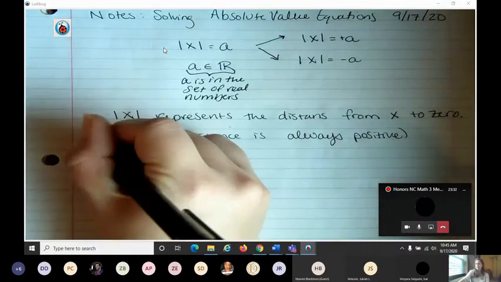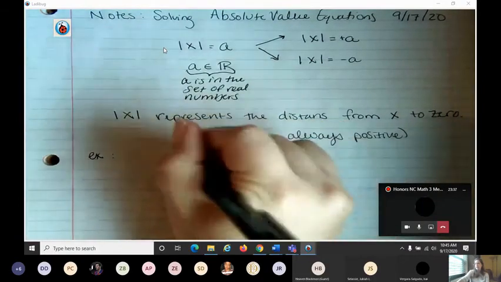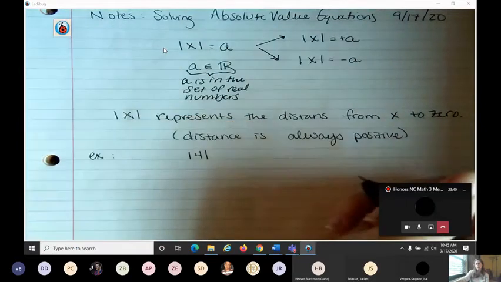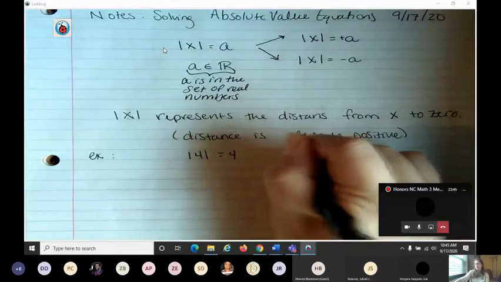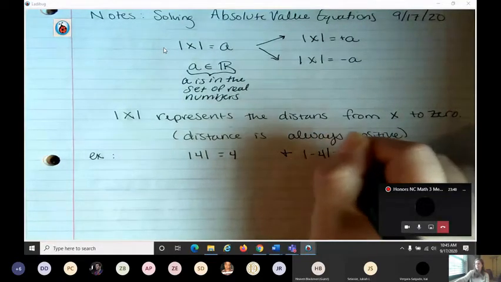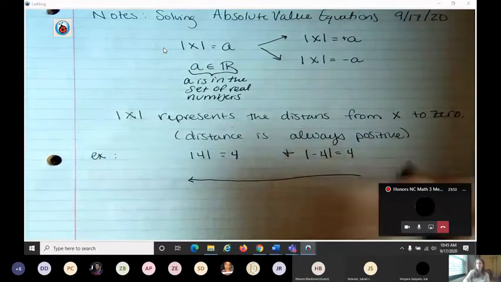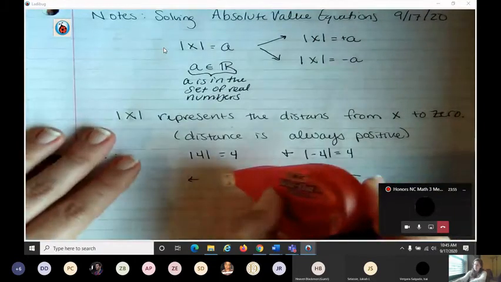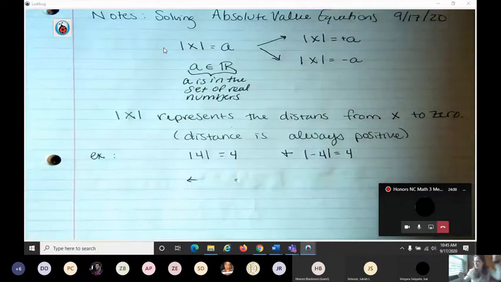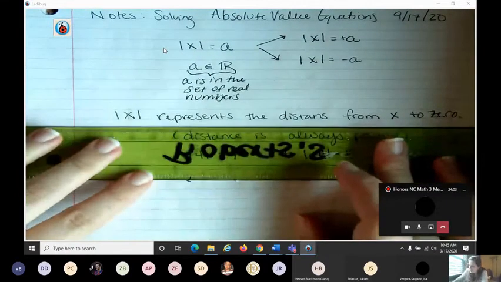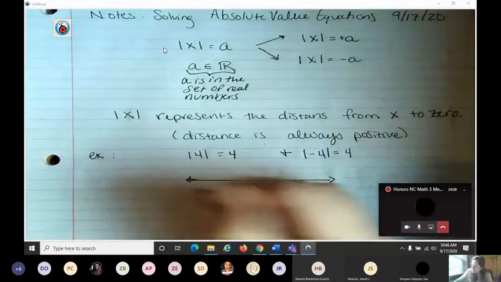So I'm going to explain this sentence by using an example. If I have the absolute value of 4, this is just going to be equal to 4. If I chose to have the absolute value of negative 4, this is also 4. If I'm drawing a number line, also not a great straight line, but whatever.